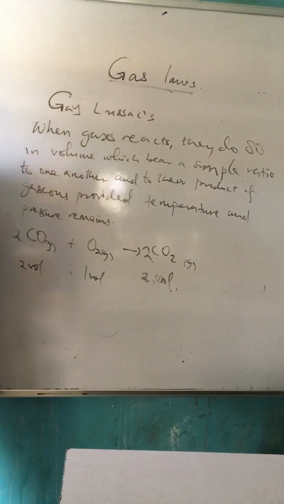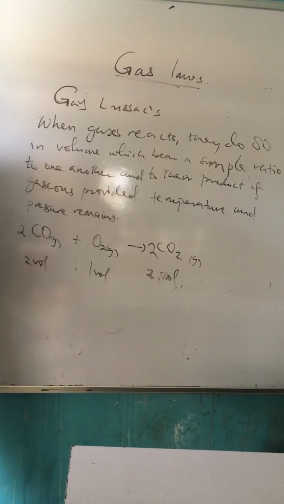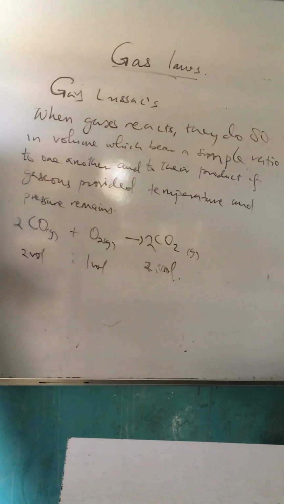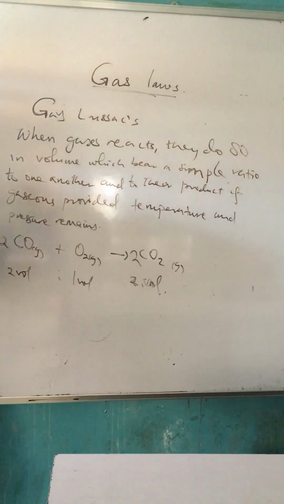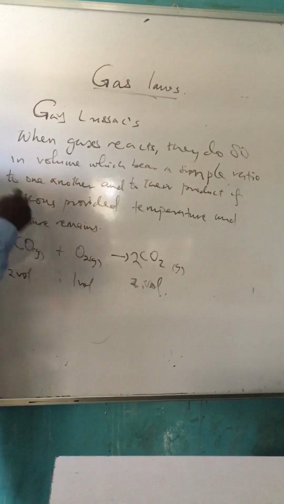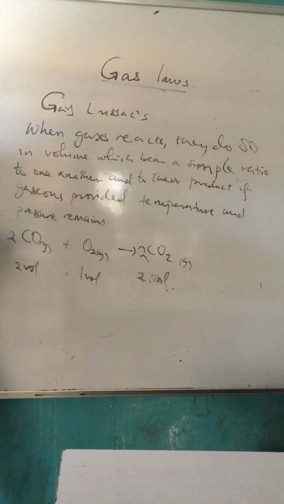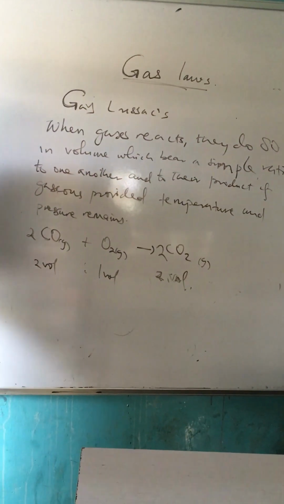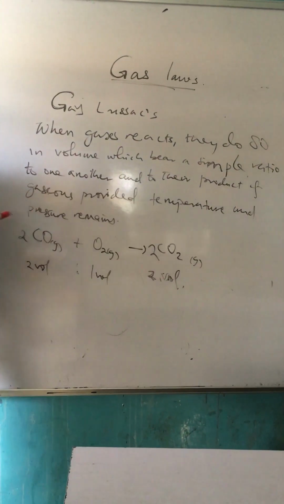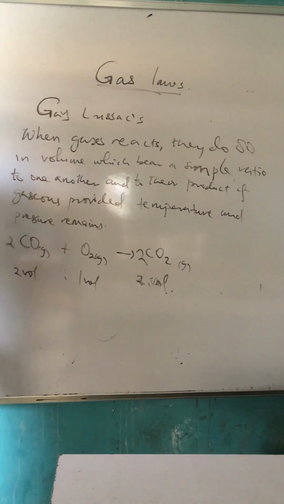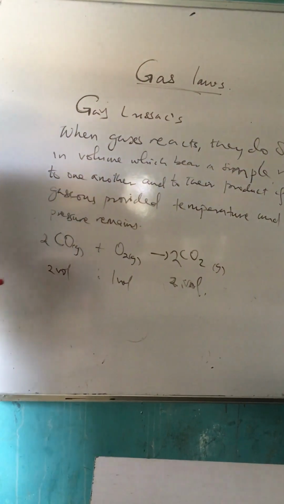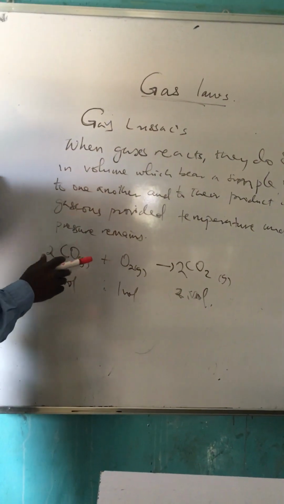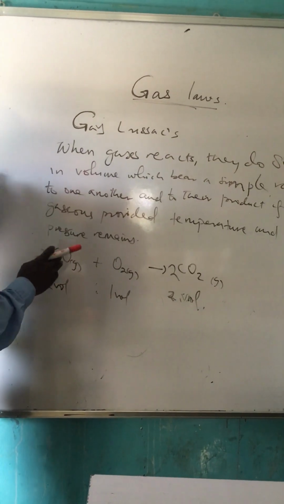Most of the time, the questions asked are such that you may be asked to find the volume of the residual gas. And also, you may be required to calculate the excess or reacted gases. These are just what you have to note there.